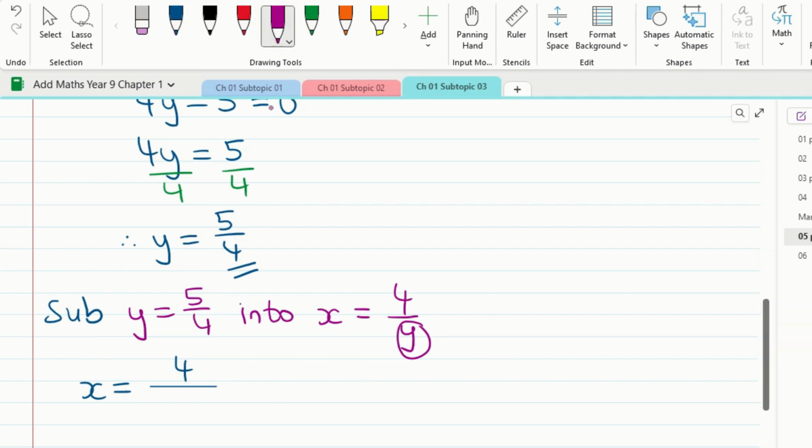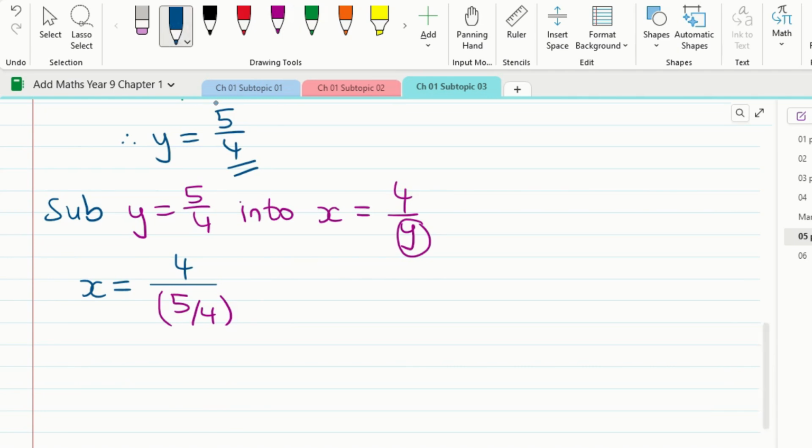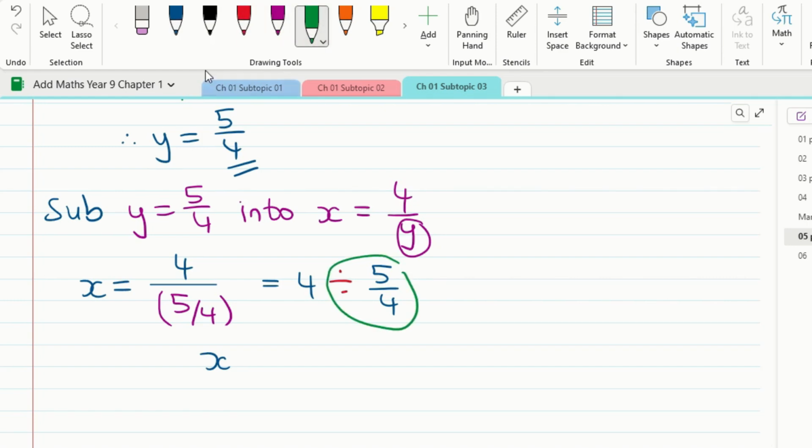Don't get weirded out by this. It just means that 4 is divided by 5 over 4. If you still remember your basic arithmetic for dividing fractions, this is changed into 4 times the reciprocal of 5 over 4, which is 4 over 5.